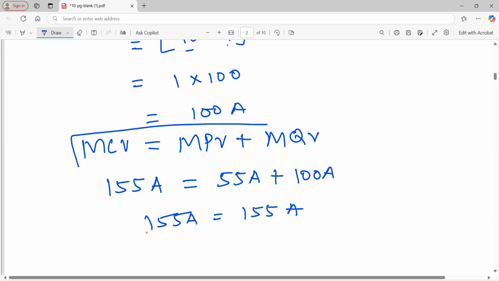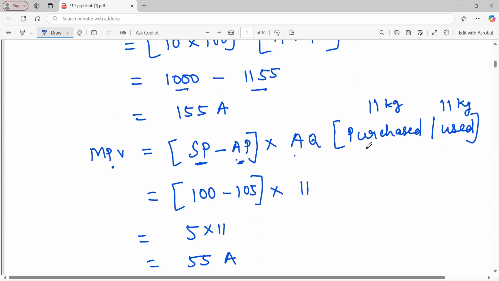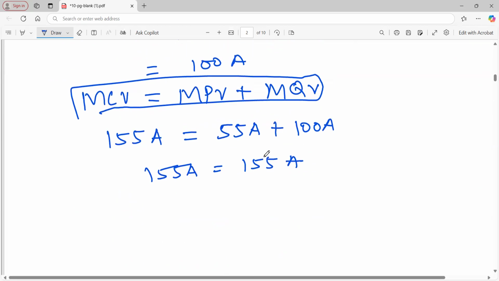So this equation should tally. But this equation will not always tally. There is one exceptional situation which we will discuss while solving a full-length numerical question. If we are using actual quantity purchased instead of actual quantity used, this equation will not tally. So we will look at this equation again while solving a full-length question on material variances.